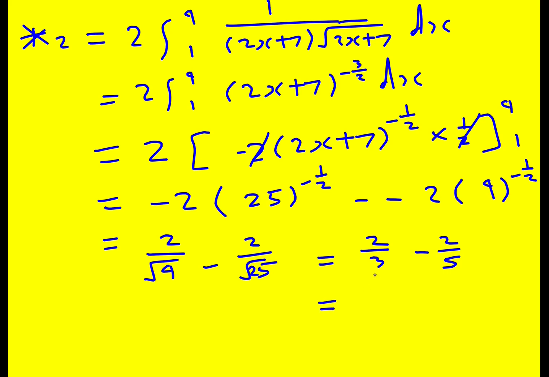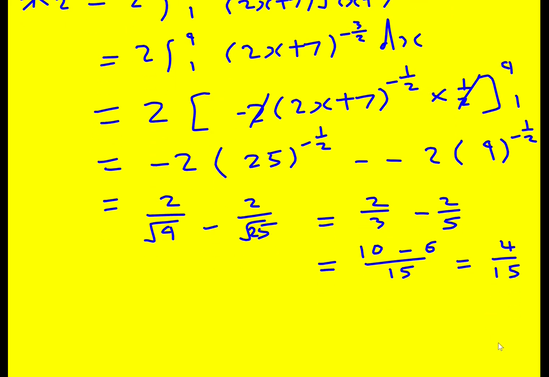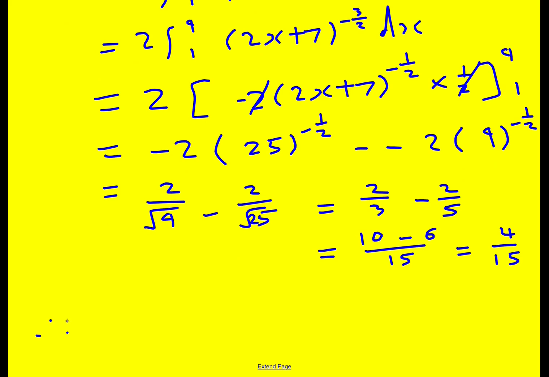Which I can put over a common denominator, so 10 minus 6 over 15, or 4 over 15. And we can breathe a little sigh of relief. We're basically done.